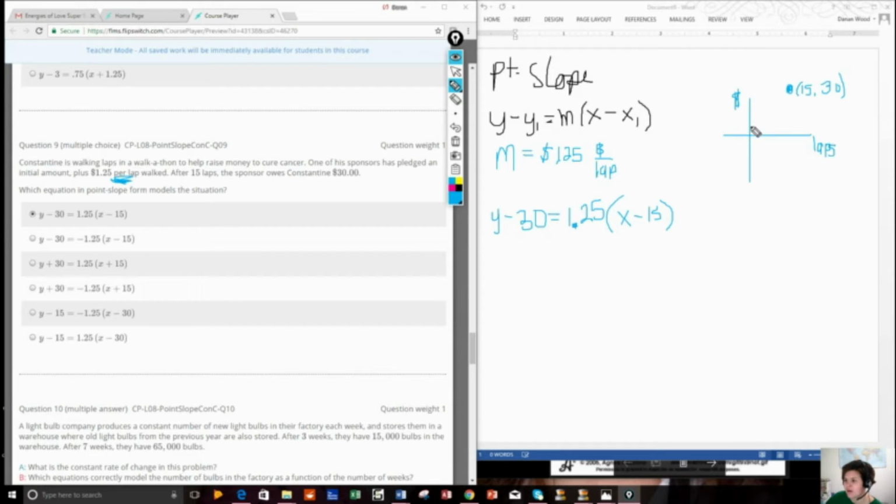We're assuming the outputs will be in dollars, and when we write an equation, we don't include our units, because they're included on the graphical representation. So the equation is y minus 30 equals 1.25 times x minus 15.